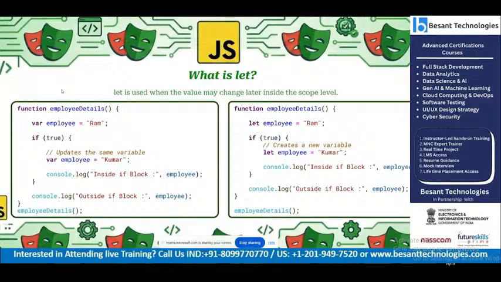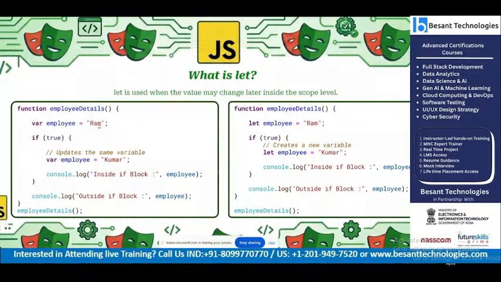For example, as you see here, I'm declaring a function. If you're not aware of functions, just ignore that and look at the rest. As you see, var employee equal to Ram, I declare the name as Ram. Then I check if true, giving a boolean true to enter the block, and I update the employee name to Kumar.